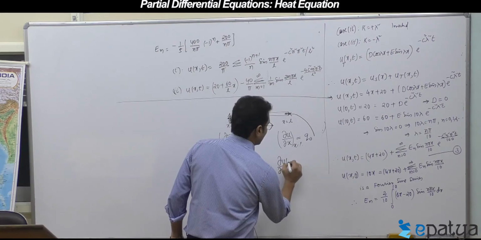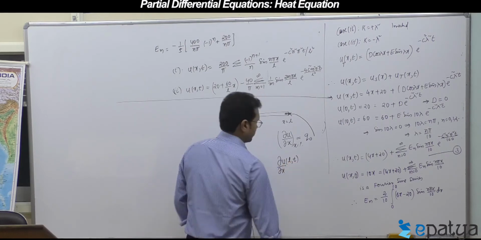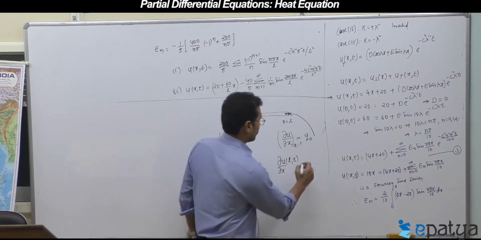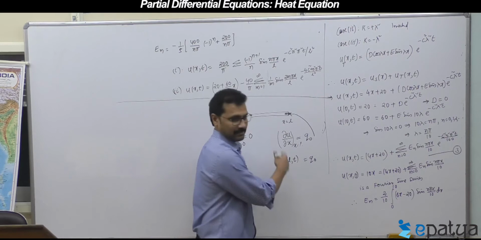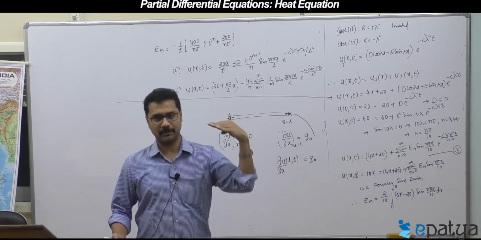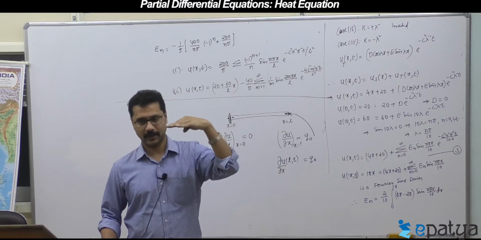Sometimes we also write it as dou U by dou X at (L, T) equals Q naught. Both are the same. At any time T, that constant heat flux keeps on flowing.